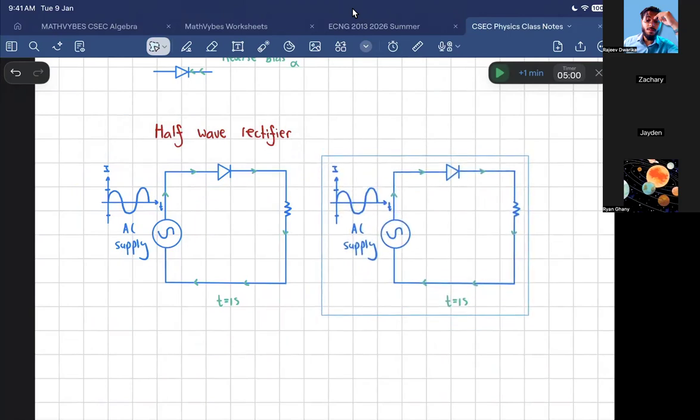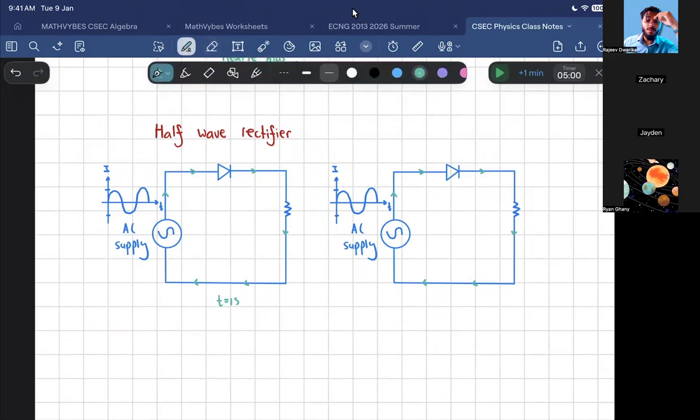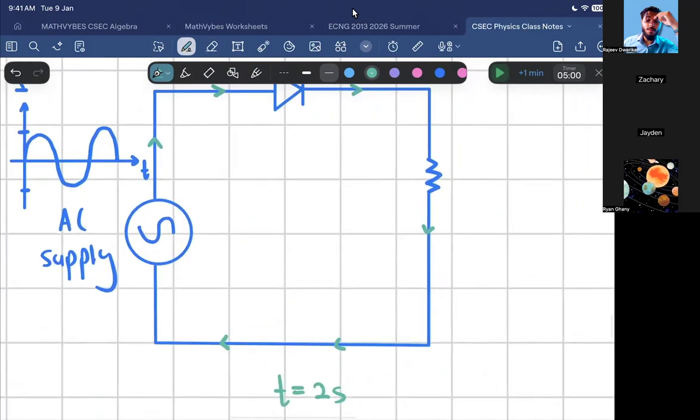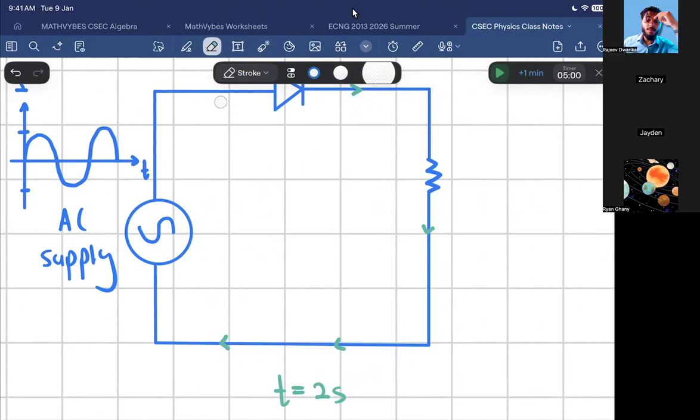So let me just say at a different time, let me just say we have a time of 2 seconds, right? Yeah. And at a time of 2 seconds, maybe the direction of the current would switch. So if the direction of the current switches, maybe it might look like this.